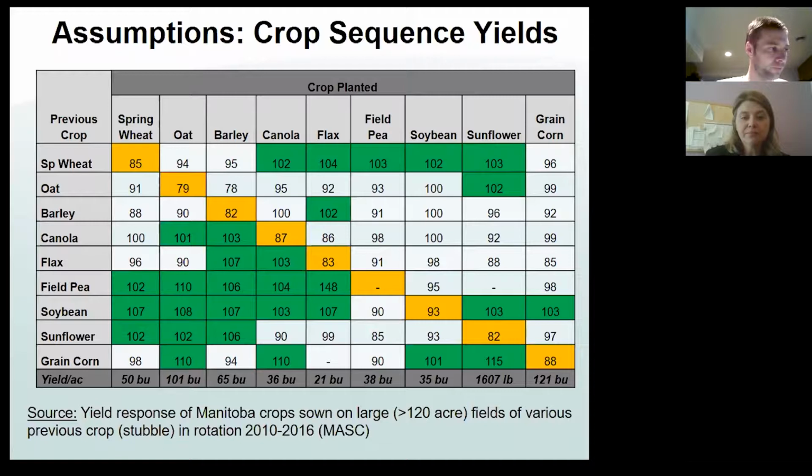Some of the ones here where we do see really, really big increases, for example, oats on soybeans. There's other things going into play there too. Soybeans, if you are a soybean grower, you're probably using glyphosate. You probably have a very clean field. It's black.